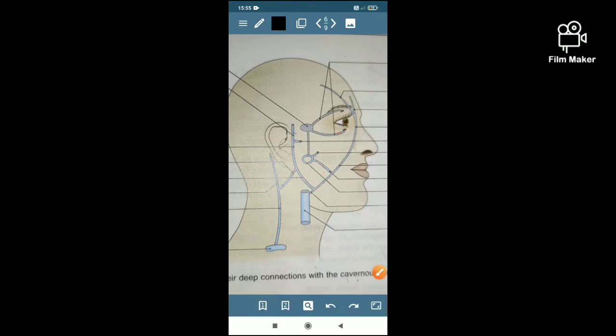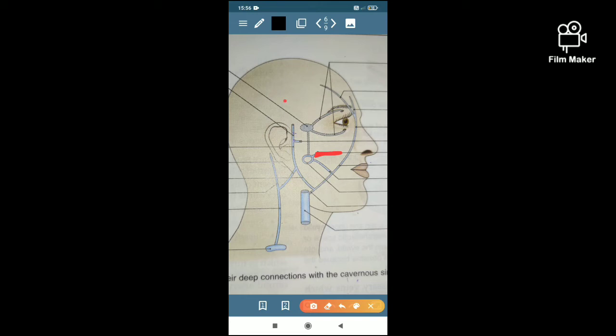There are emissary veins which connect the extracranial veins with intracranial venous sinuses to equalize the pressure. This is the emissary vein, which I can show you here. These veins are valveless.